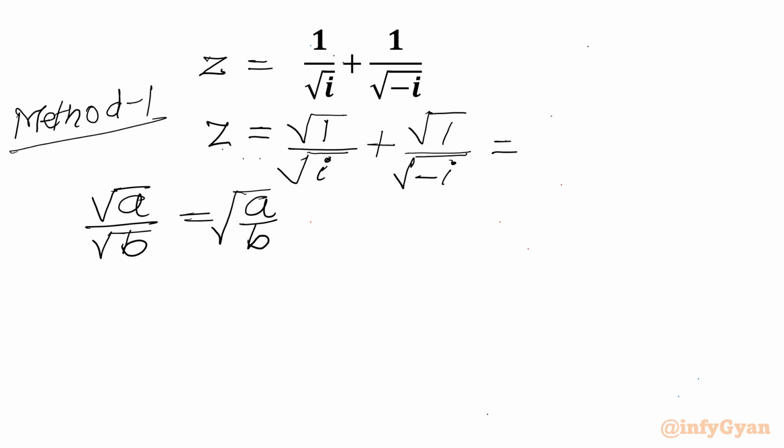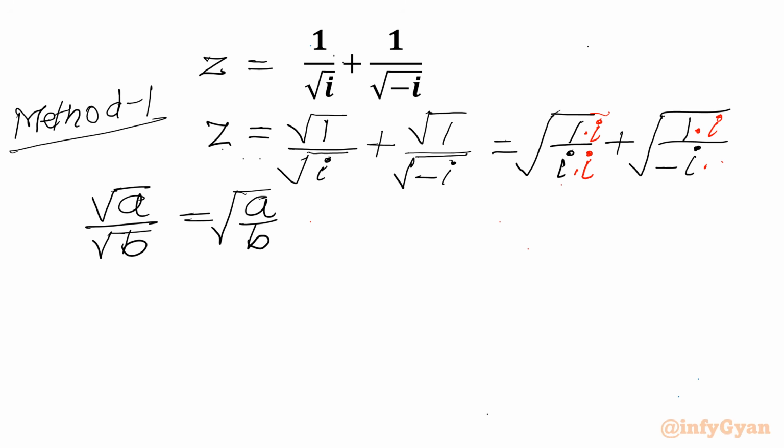So I can write square root of 1 over i plus square root of 1 over minus i. Now we can multiply in the numerator and denominator with i. Here also, let's multiply with i.